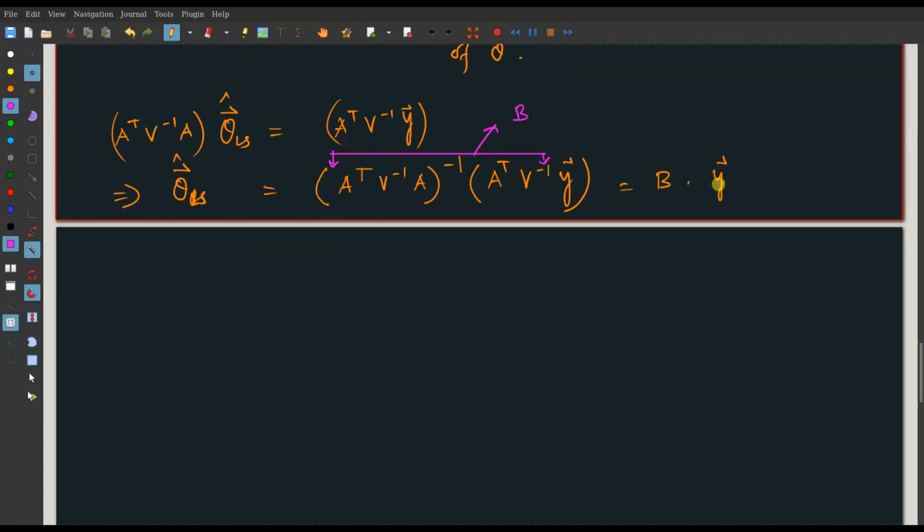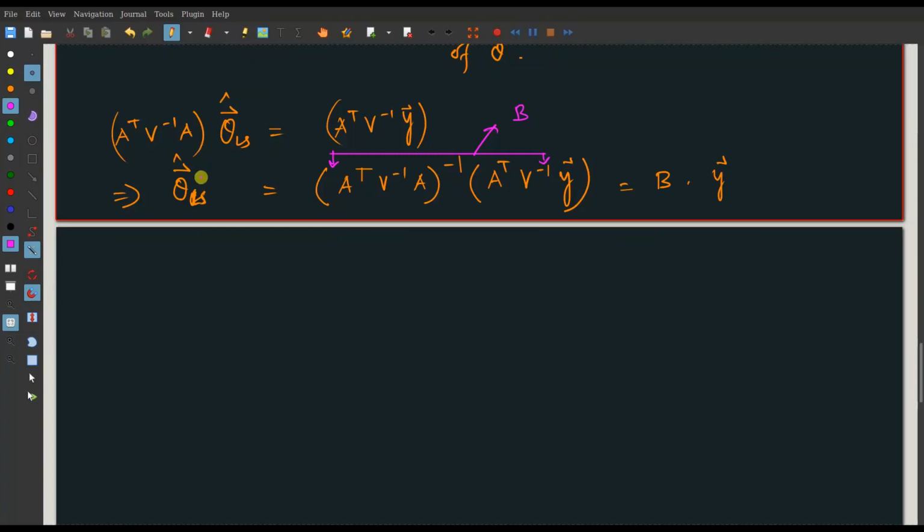Now, how can I get the covariance of these least square estimates then? This is my least square estimate, these are my central values. But remember, I told you that whenever you make an estimate, you should also tell how robust that estimate is. That means, under repetition of this whole experiment, how reproducible are your values here.